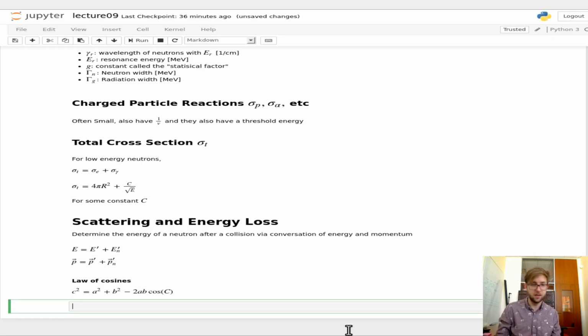So applying this, we can say P prime squared is equal to p squared plus p sub n prime squared.